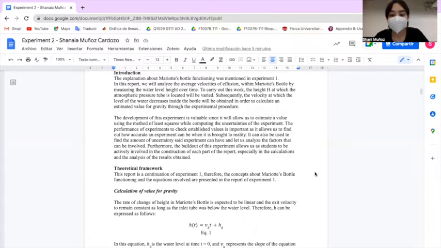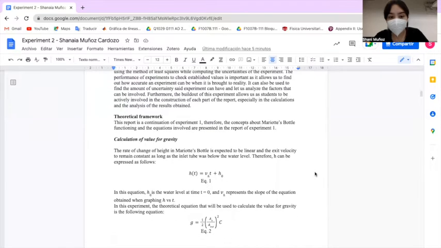It can also be used to find the amount of uncertainty said experiment can have, and let us analyze the factors that can be involved. Furthermore, the build-out of this experiment allows us as students to be actively involved in the construction of each part of the report, especially in the calculations and the analysis of the results obtained.